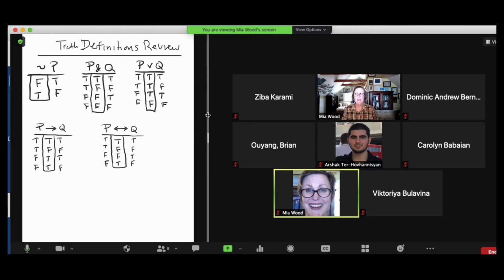Let's take some sentences that are already translated. We'll also do some translation work, but let's take some already translated sentences and work through the determination of the truth values for the sentence as a whole, which is to say, work from the atomic sentences, through the subconnectives, to the main connective, right?